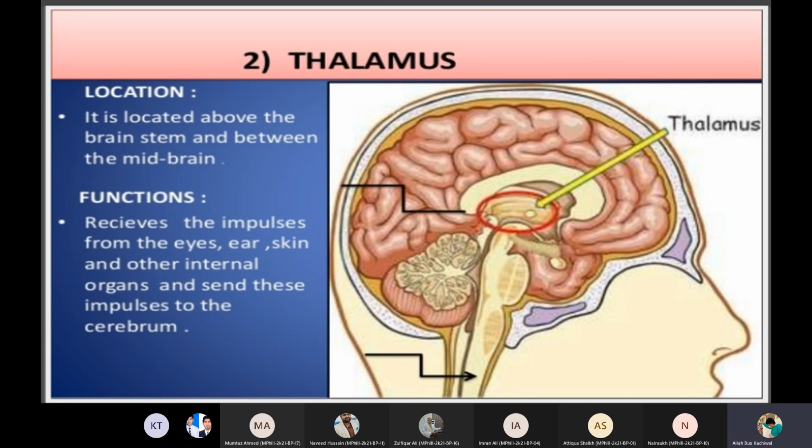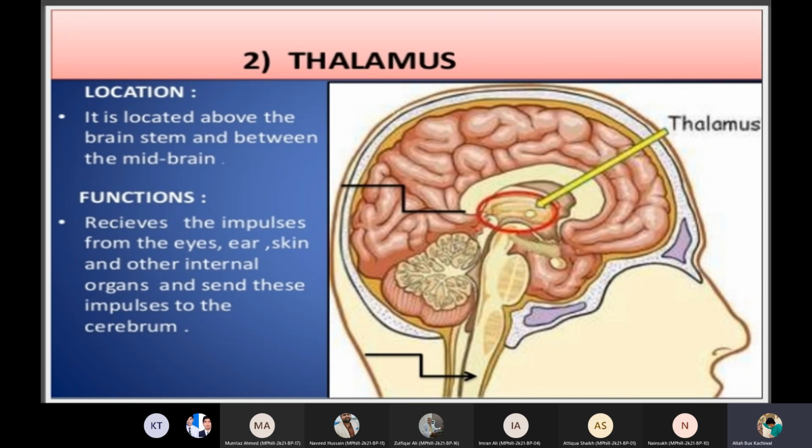The thalamus is located above the brain stem and between the midbrain. Its function is to receive the impulses from the eyes, ears, skin, and other internal organs and send these impulses to the cerebrum.